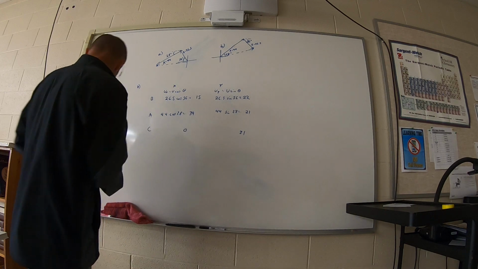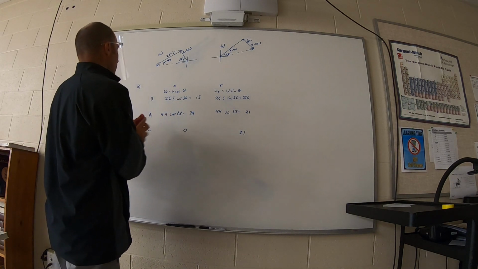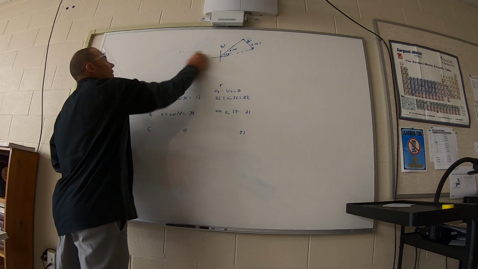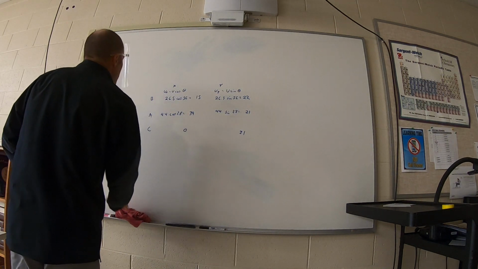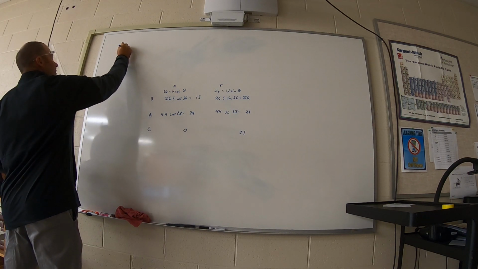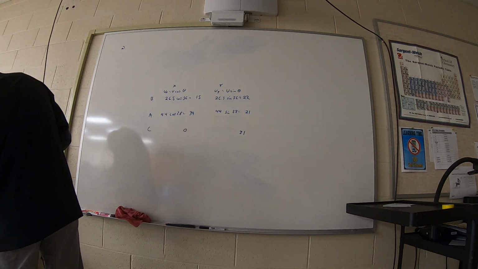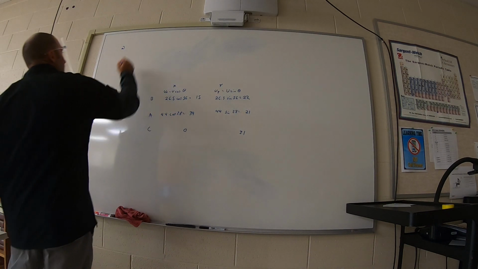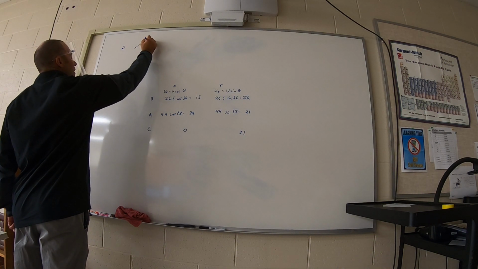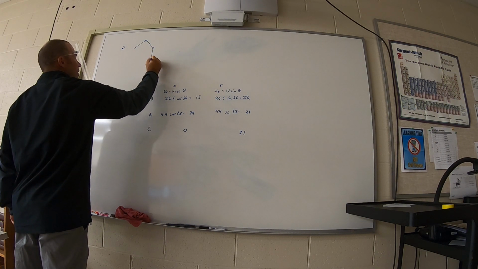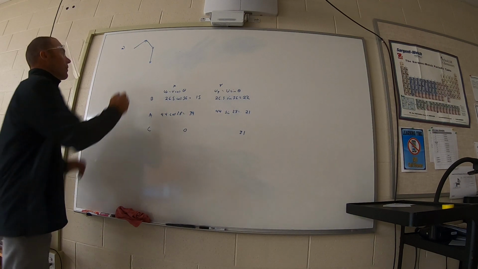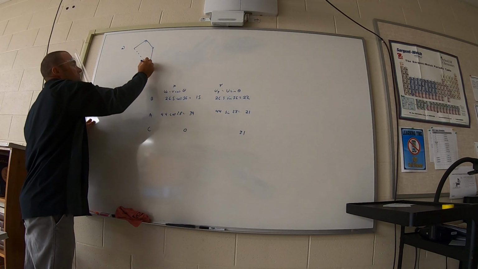So letter A, hopefully I've got enough room over there. So I'm going to put A right here. A says A minus B plus C. Looks like that. So that's the vector we're trying to find.